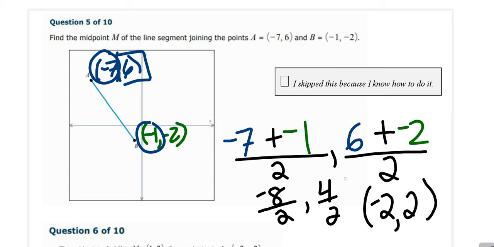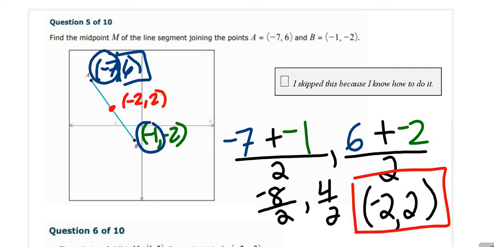What's really nice is when you graph this, it actually looks like the midpoint. So -2 would be about right here, +2. And ta-da, it is the midpoint.